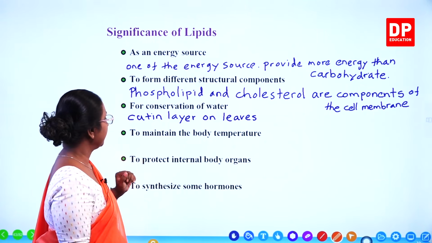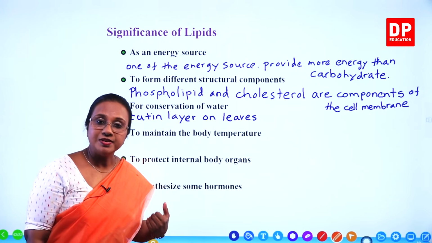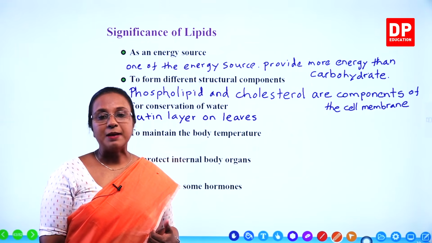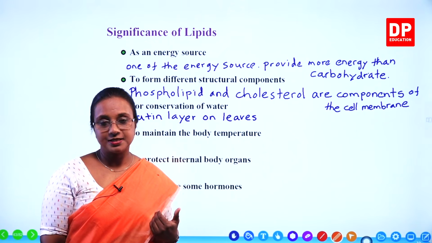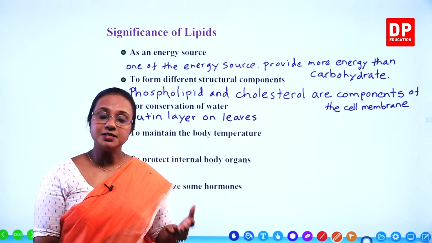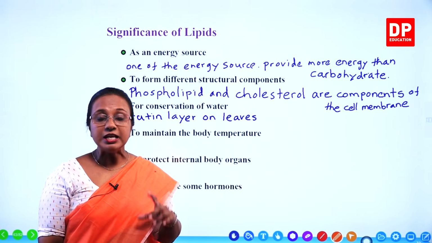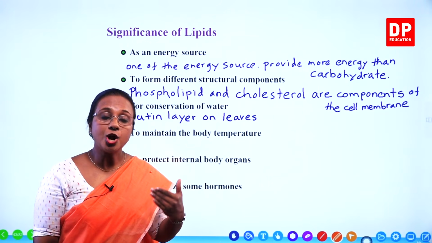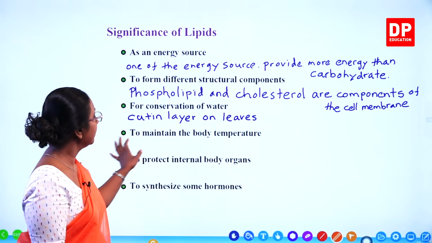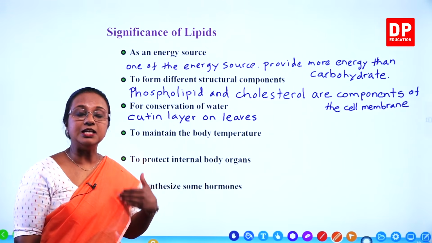Then another significance is maintaining the body temperature. As we discussed before, there are warm-blooded animals like mammals and birds like us. So we have a fixed body temperature. The body temperature does not change with the change in the environment temperature. So in order to maintain the temperature, loss of heat has to be prevented. So for that, the lipid layer in our body helps to prevent heat loss.